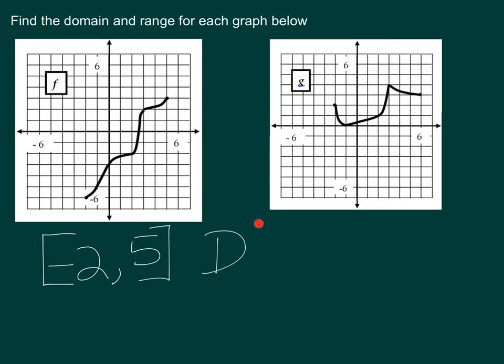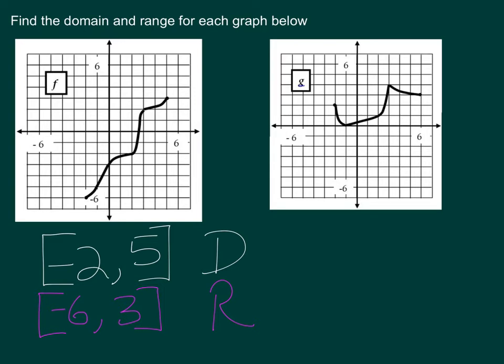So domain are the x's, which means range will be the y's. So the lowest y value here is -6, and as you travel along this graph upward, the highest y value here, the biggest y value, is 3. So -6 to 3 will be the range for that particular graph.